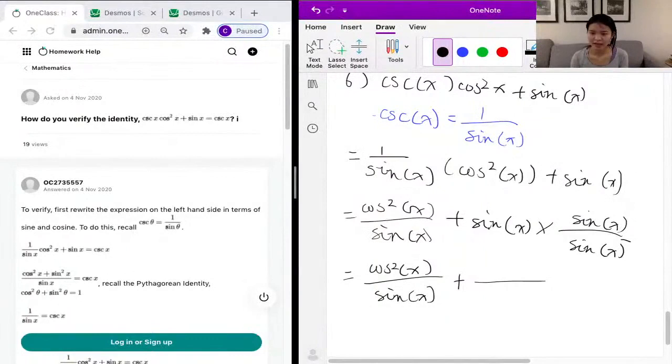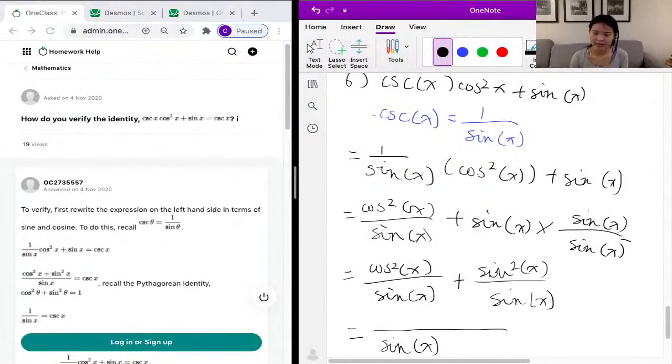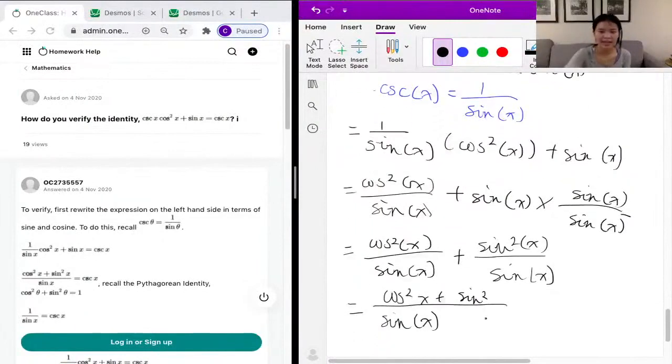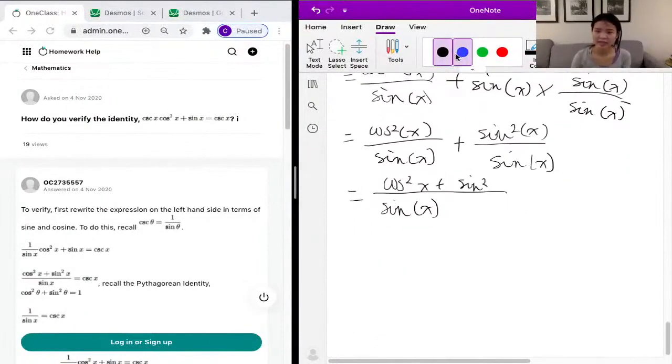That would be just multiplying the sin x by the numerator of the fraction, and we have sin squared x over sin x over here. Now, the two fractions in our expression have the same denominator, so we can just add the numerators together. So now we have cos squared x plus sin squared x over sin x as our next step.